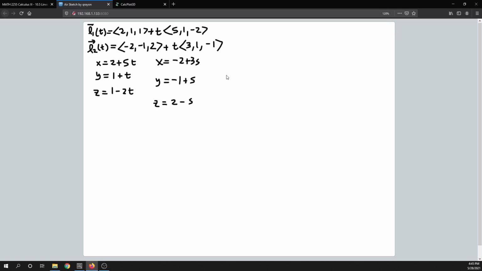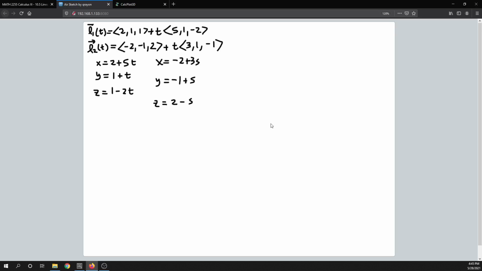Okay? All right, and so then to find where these things are going to intersect, wherever they intersect, the x coordinates at that point would have to be equal to each other, the y coordinates would have to be equal to each other, and the z coordinates would have to be equal to each other, right?